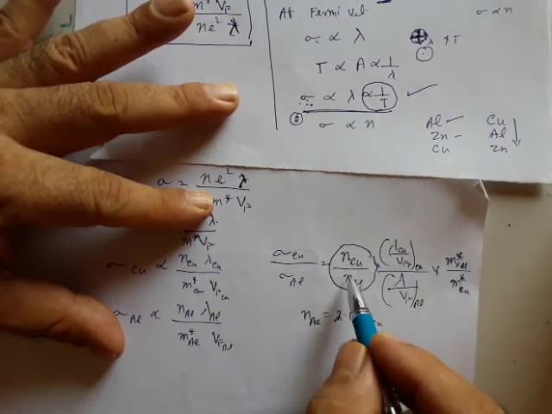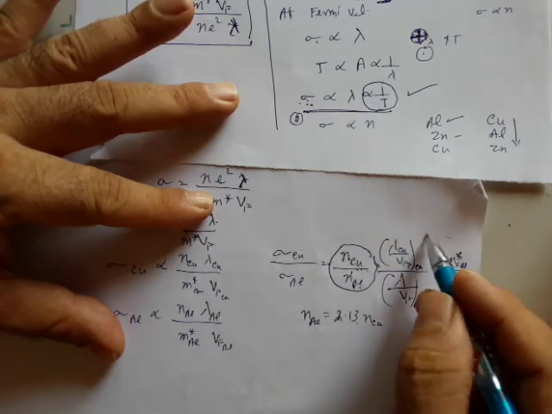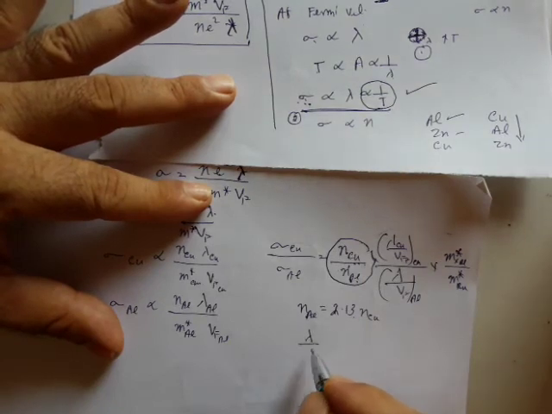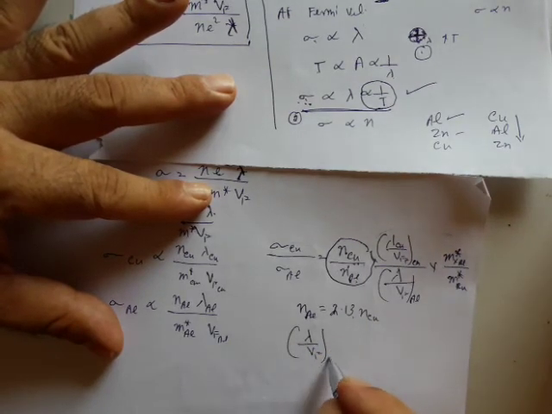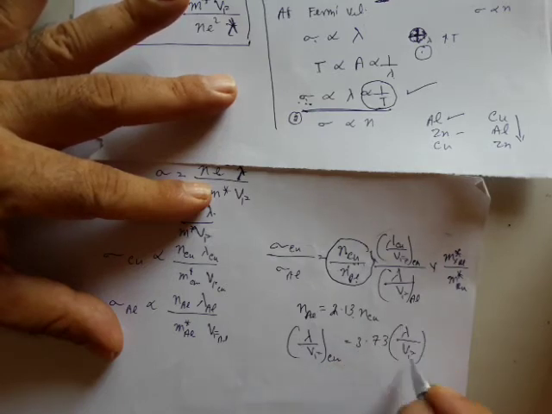So classically we had only this into consideration. There is a reason aluminum was considered a better conductor, but we have not taken into account the other factors. If you really see, lambda by Vf of copper is almost 3.73 times greater than lambda by Vf of aluminium, so this product is much greater.